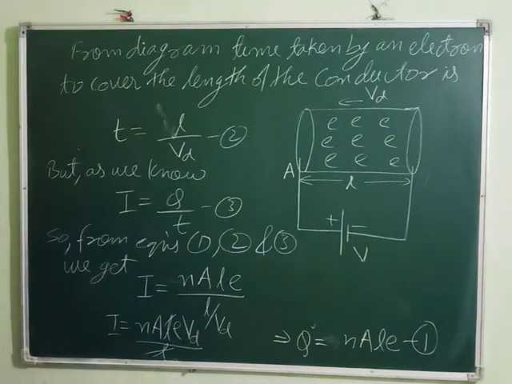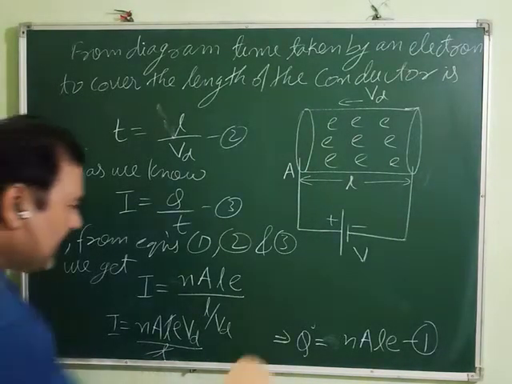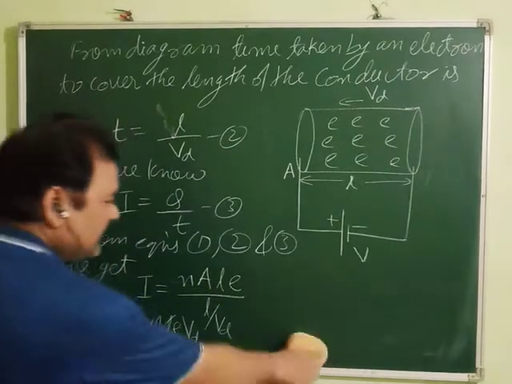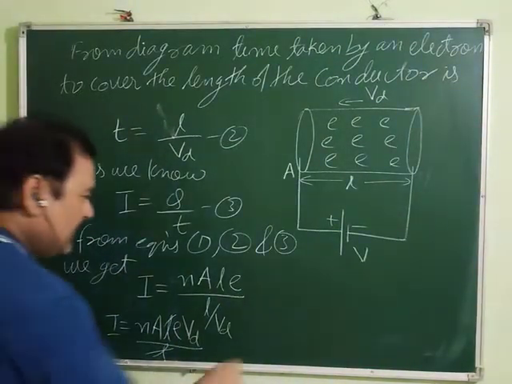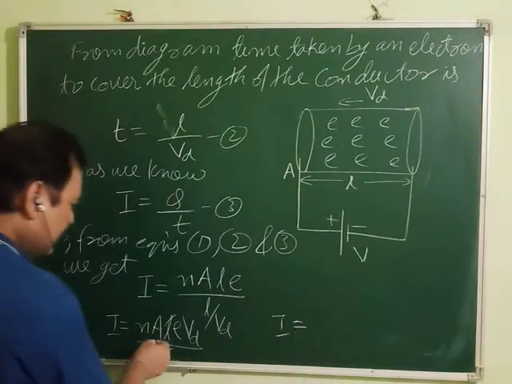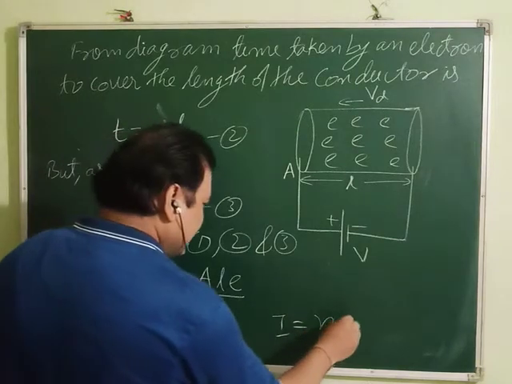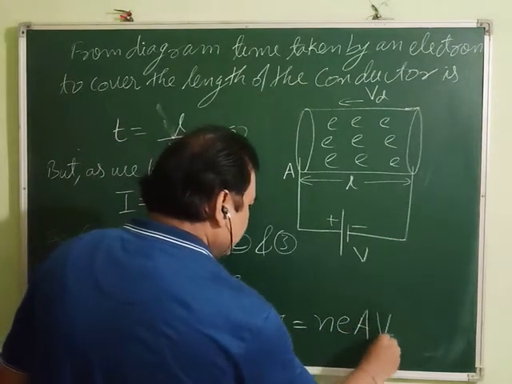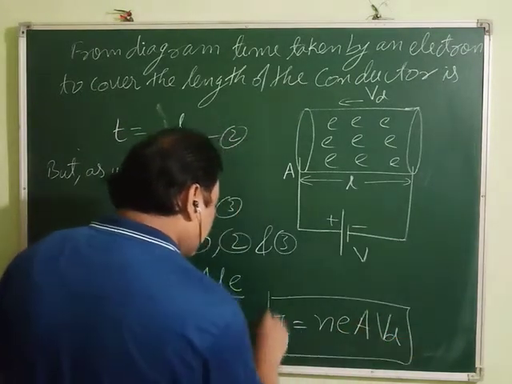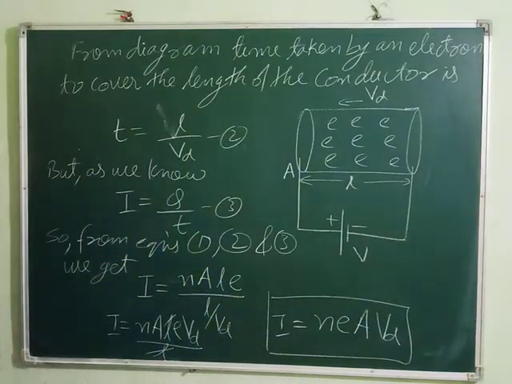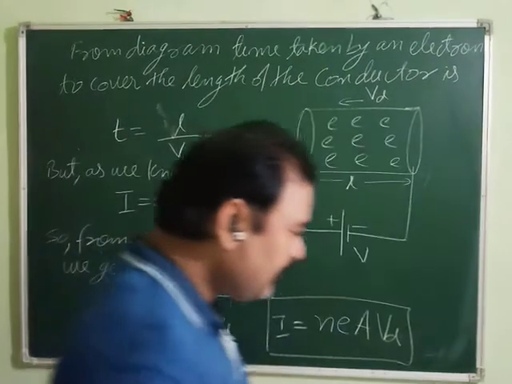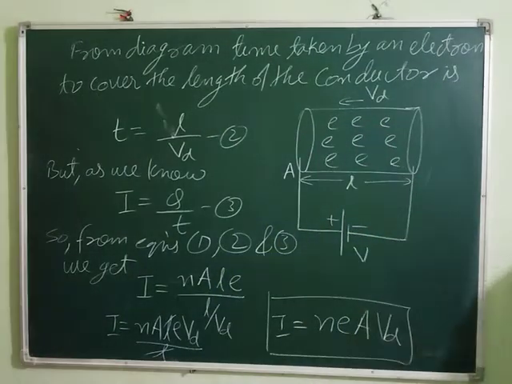I'm going to remove this because it is not needed anymore. So we get I equals n e A Vd, and this is the expression for current. So we got the current in terms of drift velocity. Now there are certain things which we can elaborate from here.